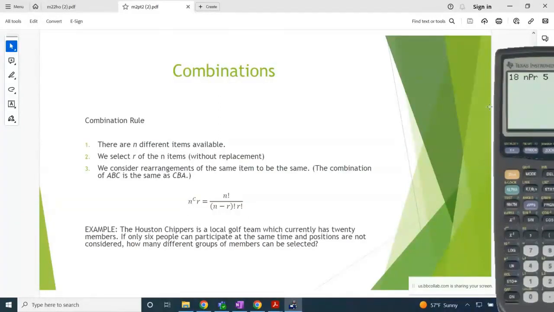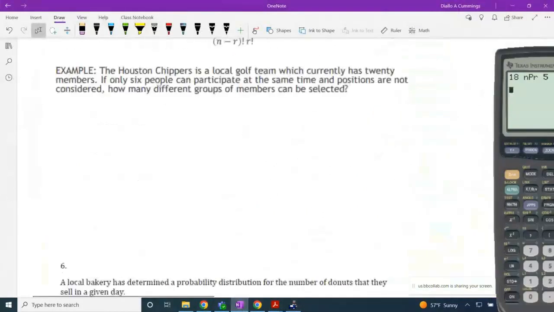We simply have to, first of all, be mindful of what we're dealing with. Either it's a permutation or a combination. Then we have to be mindful of the total things there are to choose from, and then we have to be mindful of how many things we're choosing. Okay. So here is the example. I'm going to go back to OneNote.